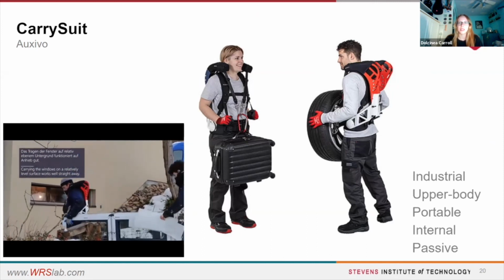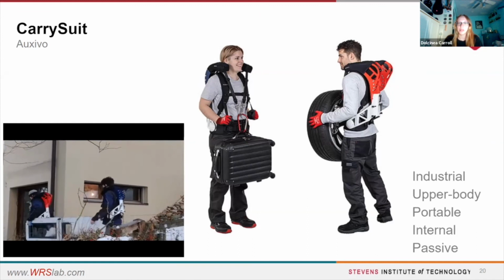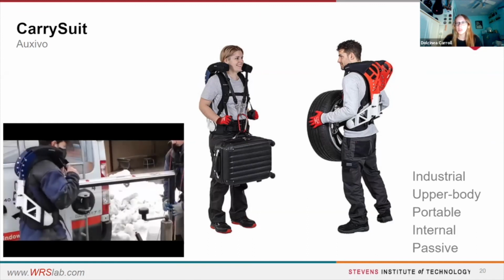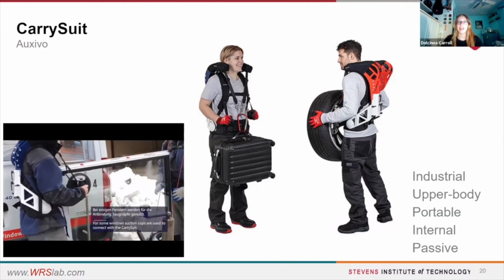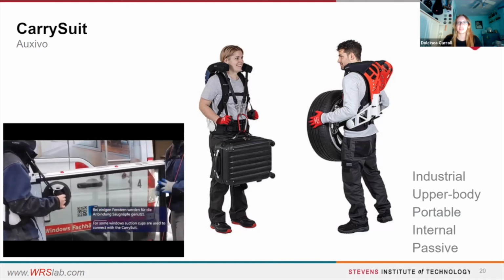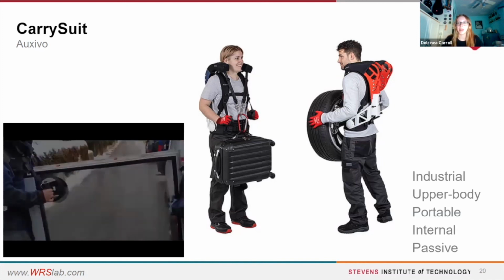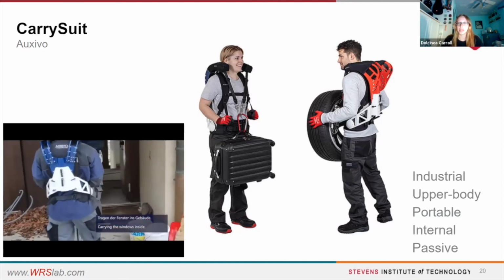It is portable because it can be brought to wherever it is needed. The anchoring points of the exoskeleton are on the wearer's body, so it's classified by an internal force. The last classification we're going to discuss is whether it is passive, active, or semi-active. The suit is passive because it uses no motors in its function.